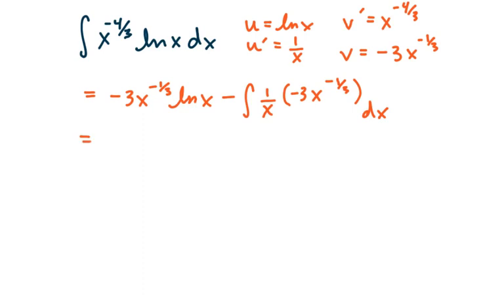So that is negative 3x to the negative 1/3 ln x, plus 3 of this integral. And this x and this x become x to the negative 4/3.